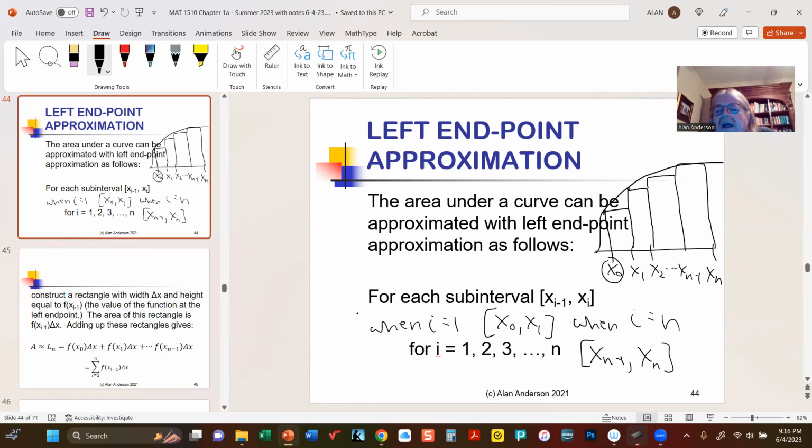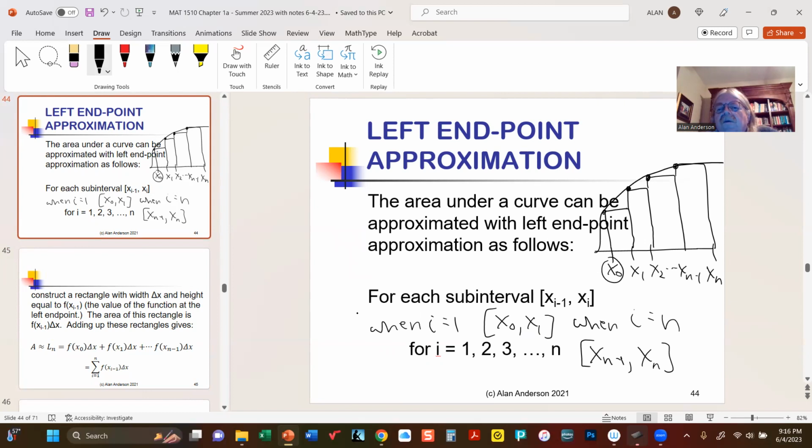For the second interval, the height will be here. For the third interval, the height will be here. And for the last interval, it'll be here. We could have done this on the right side. If we're doing the right endpoint approximation, the height would be here at x1, x2, x3, etc. The reason it's called left endpoint approximation is because we're measuring the height from the lower limit of this interval, the left endpoint, so to speak.